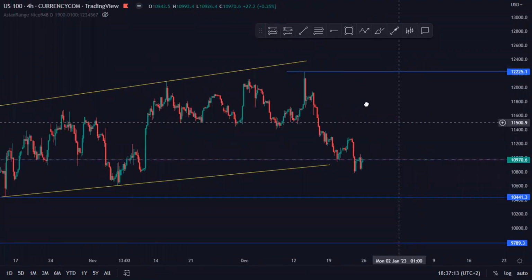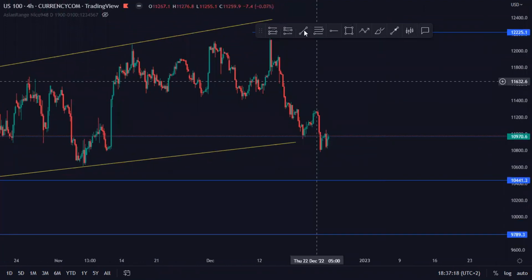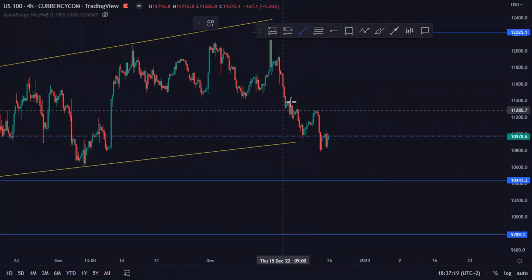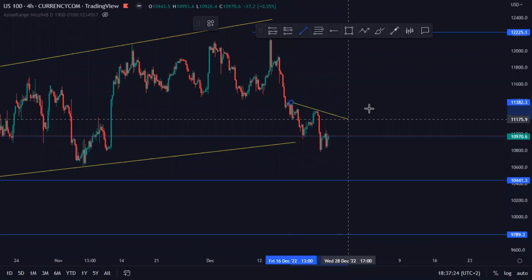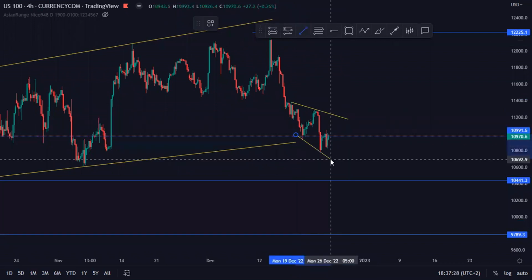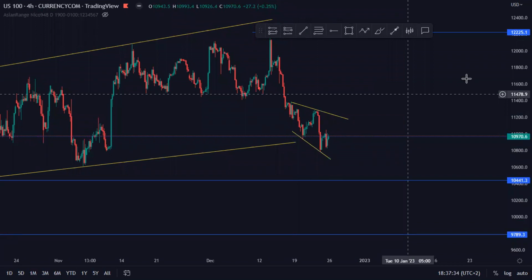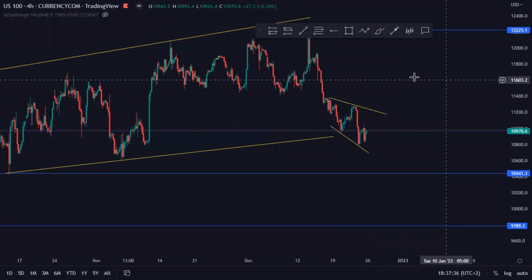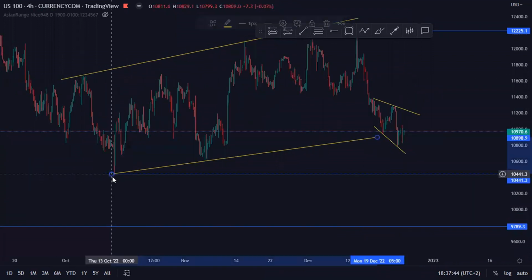Okay, now as you all know, this is NAS 100. We have this one, two, expecting a third touch there, and then this. Now we're expecting a third touch there. But as you all know, NAS 100 simply likes breaking key areas and retesting them.